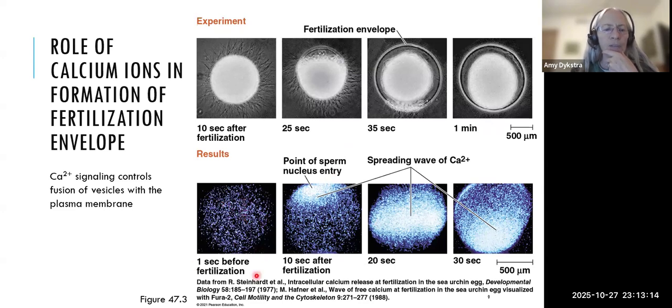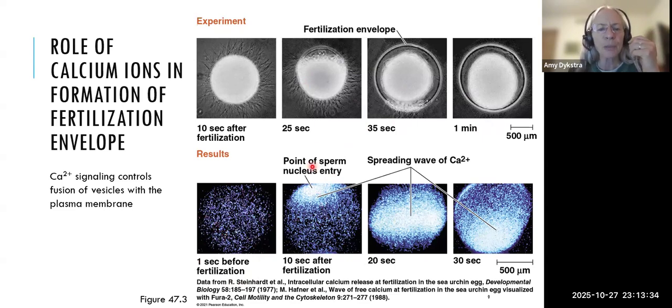So 1 second before fertilization, and these times don't line up perfectly with the times that are shown up here. But 1 second before fertilization, this is going to be the concentration of calcium ions. There's some calcium, but there's not a ton of calcium.